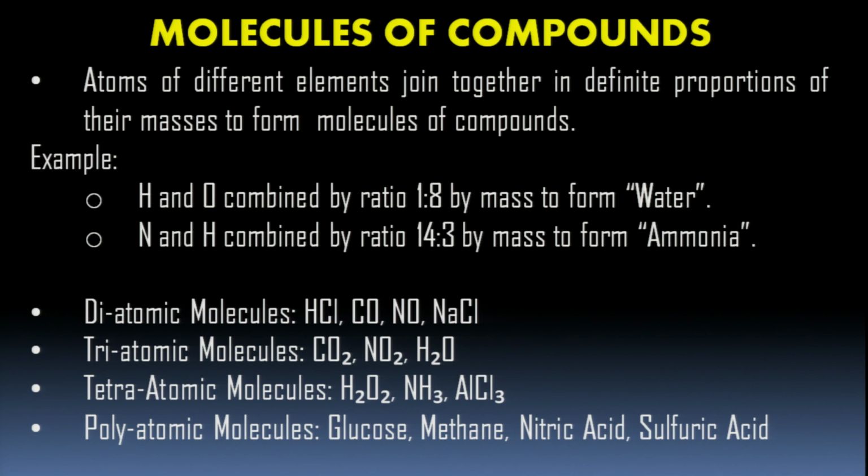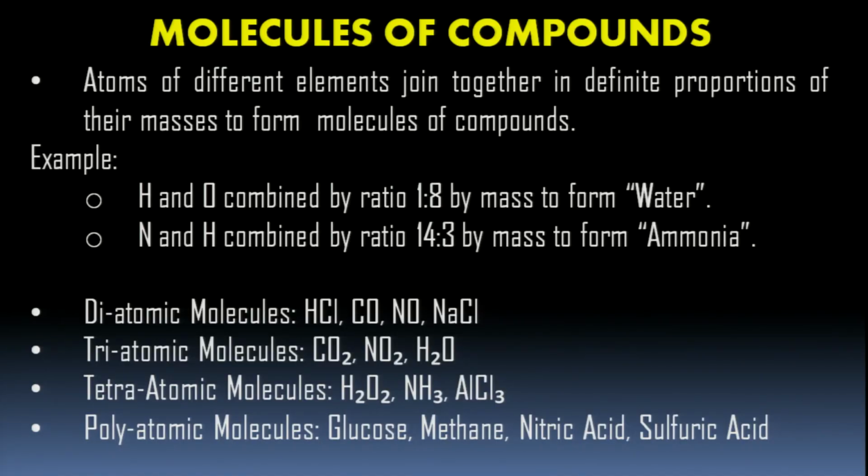Children, definite proportion of their masses means, you remember, we had discussed water: hydrogen and oxygen are in the ratio 1:8 by mass to form water. Similarly, in ammonia, N and H combine in the ratio 14:3 by mass to form ammonia, NH3. N is 14.